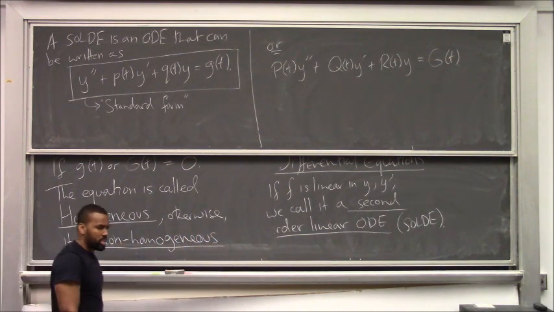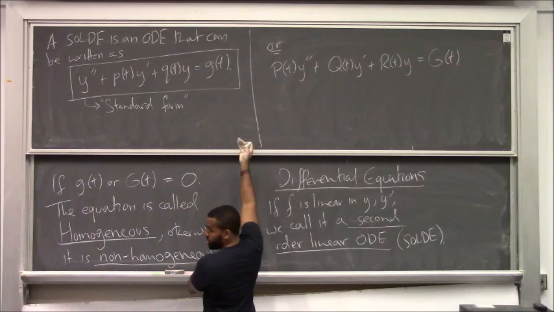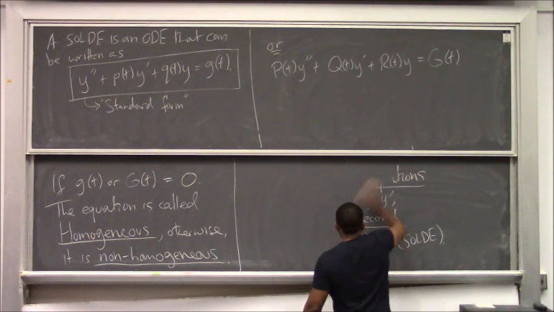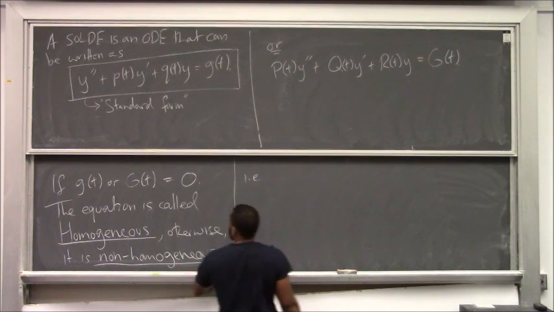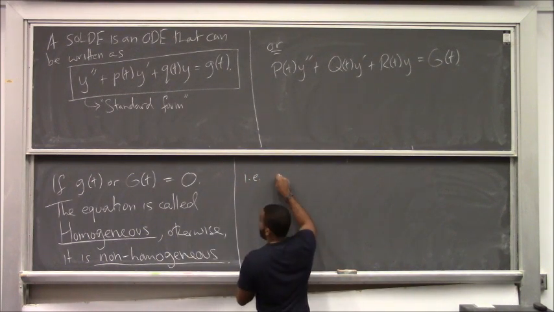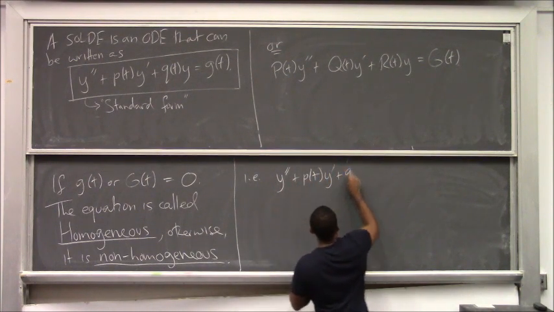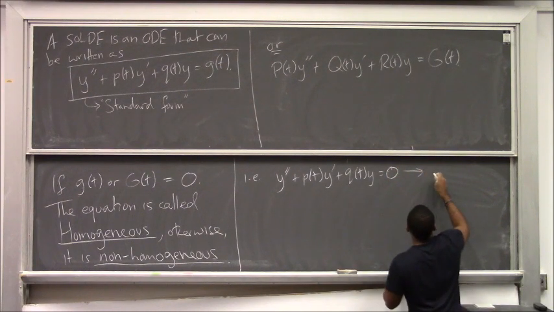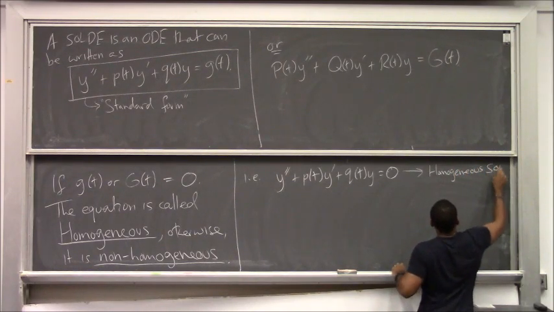For first order differential equations it meant something different, but for all higher order differential equations it just means the right side equals 0. It's called a homogeneous differential equation. So, i.e., we have y double prime plus p of t, y prime plus q of t, y equals 0. This is a homogeneous second order linear differential equation.